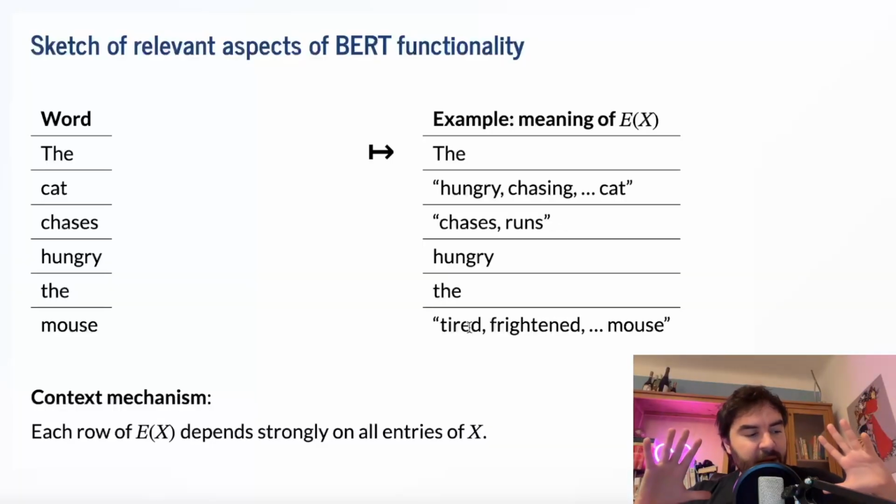Again, this is a little bit of a simplification, but you must think of it in a way that out of the context of the input sentence, you get more information from the pre-training into the output vector.